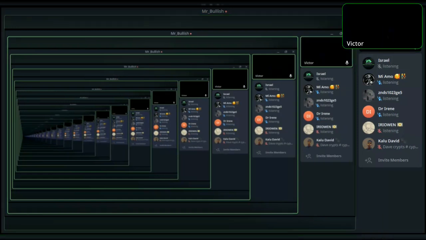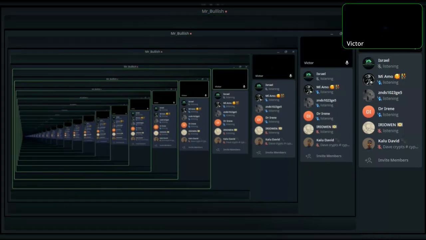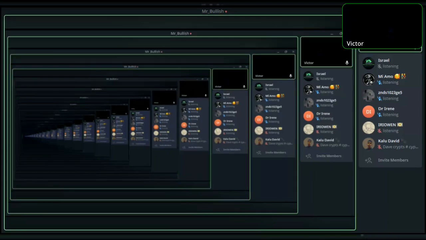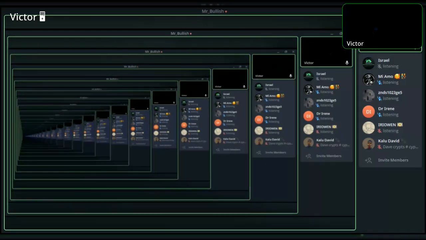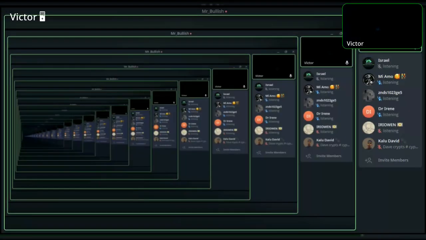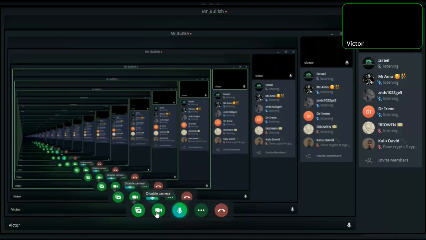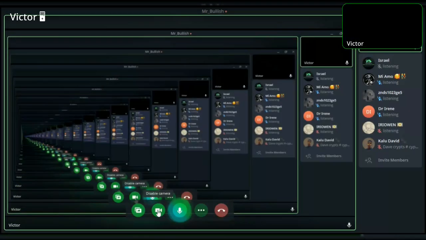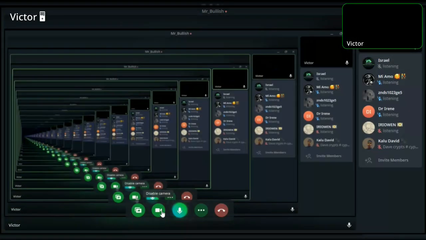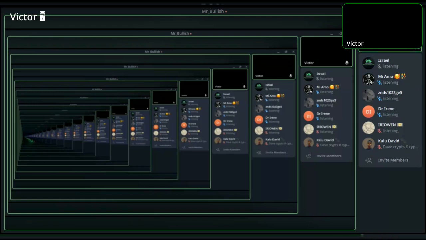You can't see my screen. What about the rest of you? Can you see my screen? If you can see my screen, just signify. Oh, okay. Maybe it's your network. It's your network.